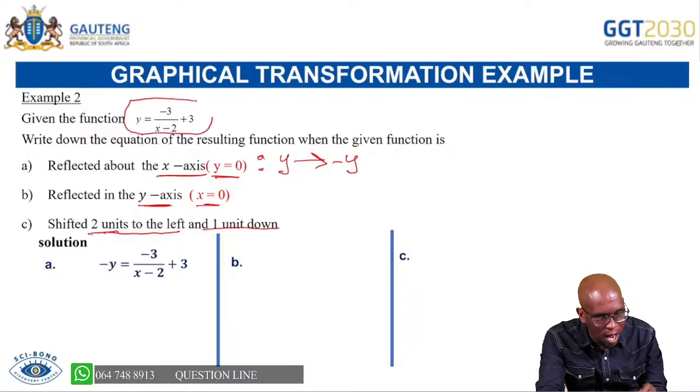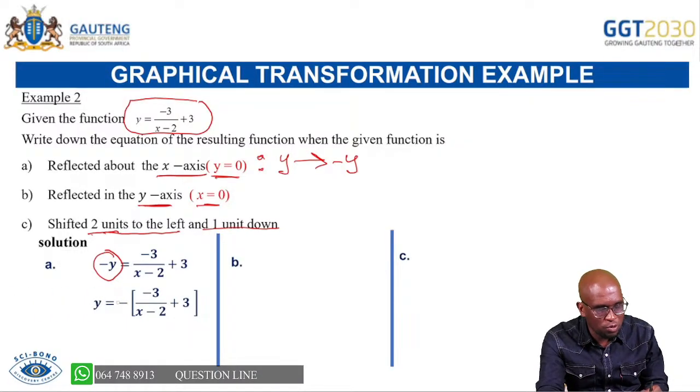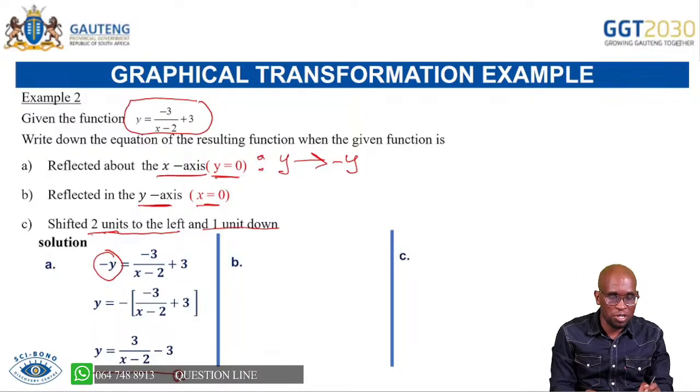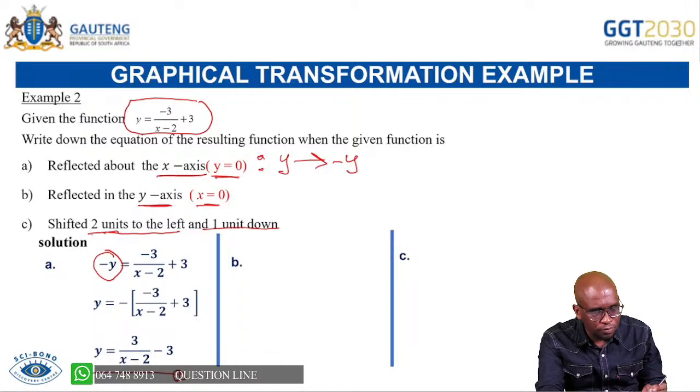The original y that was there, I replaced it with -y, and then I make y the subject by multiplying both sides by -1. Applying the distributive property, I get the new equation y equals 3 over x minus 2 minus 3.